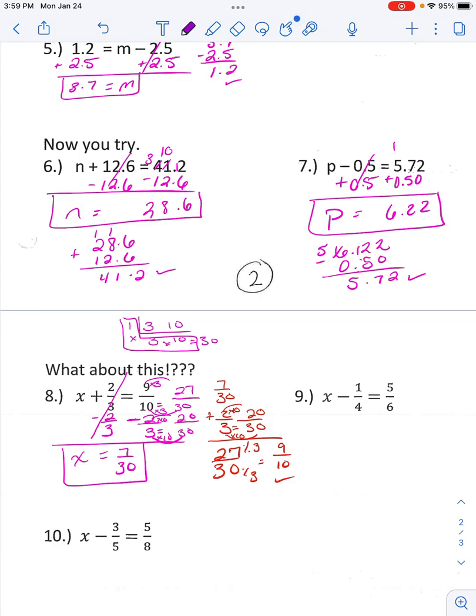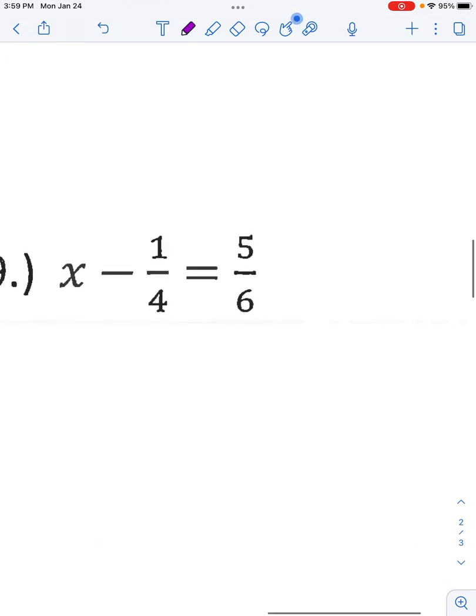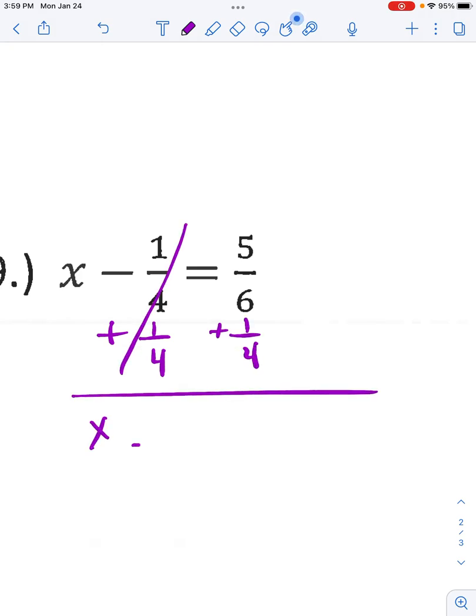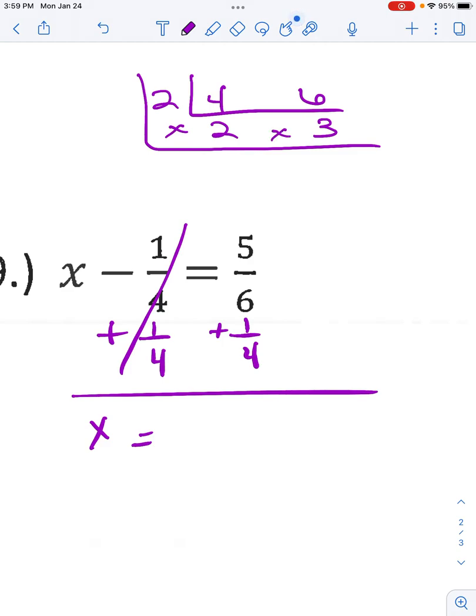Number 9 says x minus 1/4. The inverse would be to add 1/4 to both sides to get x by itself. Remember, if you're not sure how to find the least common multiple of 4 and 6, you can do a division ladder and multiply down and around. 2 times 2 is 4, times 3 is 12. So we're going to make the denominator 12. Times 2 would be 10.